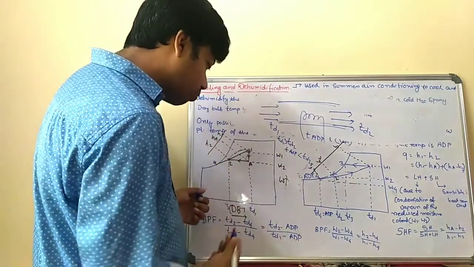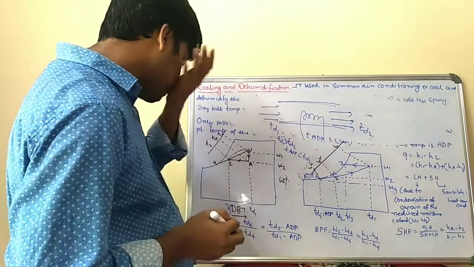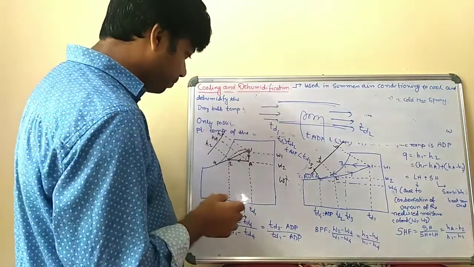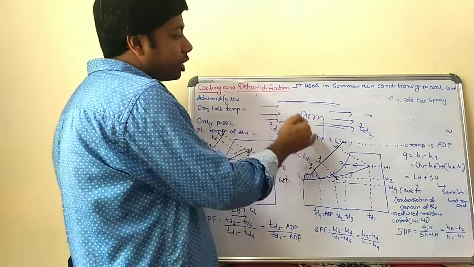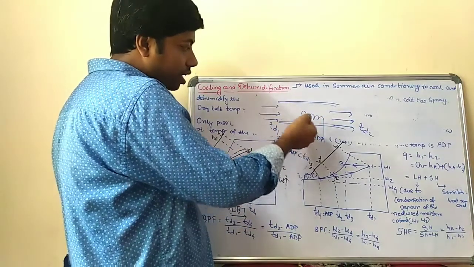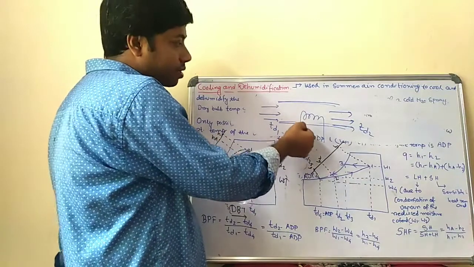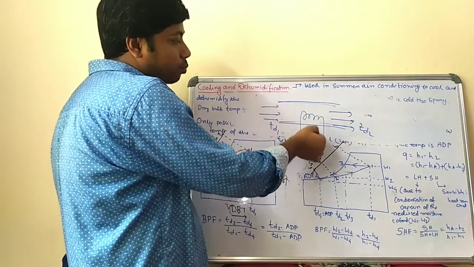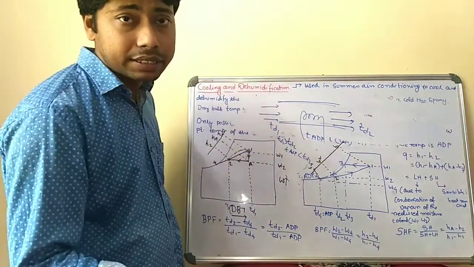Now in this way, the cooling and dehumidification process is done. But how? You have to know that the cooling and dehumidification process is done by setting the apparatus dew point temperature of the cooling coil. You have to set the apparatus dew point temperature lower than the entering air dew point temperature.